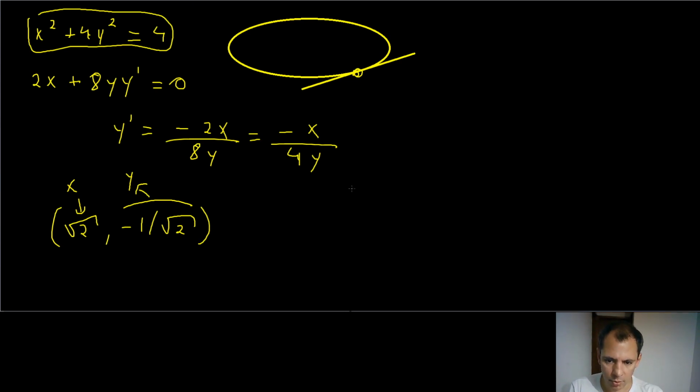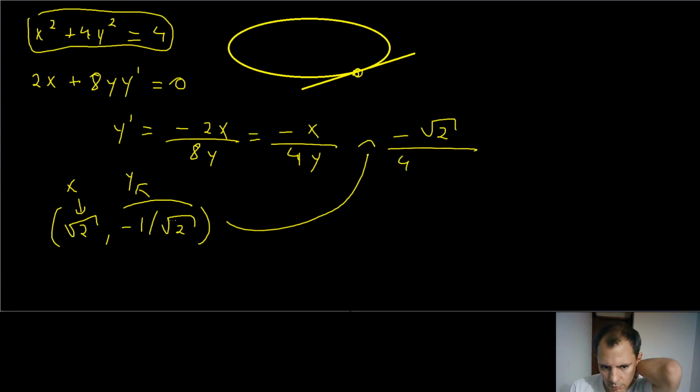At that point, it's going to be minus the square root of 2 over 4, and you got to multiply, right? Minus 1 divided by the square root of 2. Okay? So this is actually a fraction.